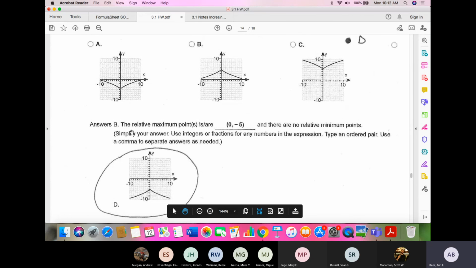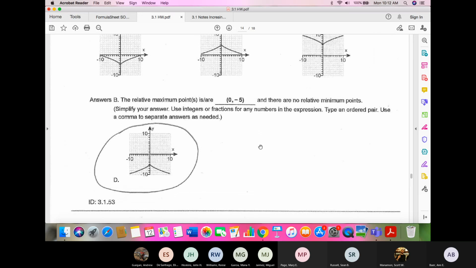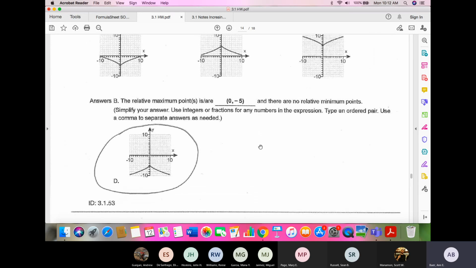Peak, peak. This is a valley. So we don't want these with valleys. Now, how can we decide which one to choose? Well, we found a point on the graph at (0, -5). (0, -5) is down here. So we know we want graph D.